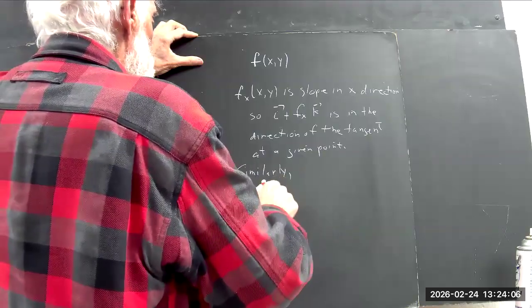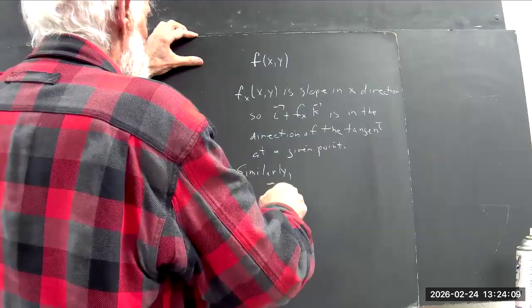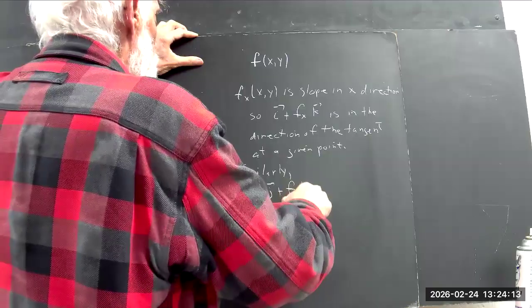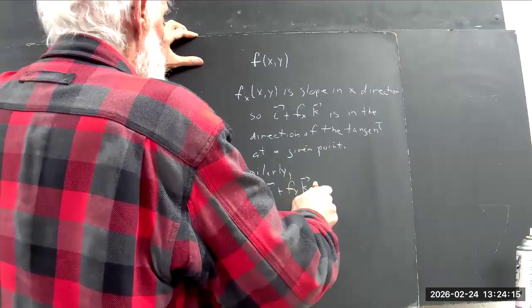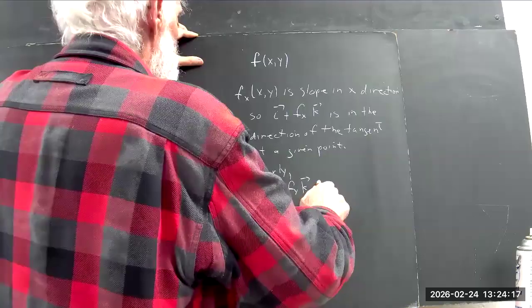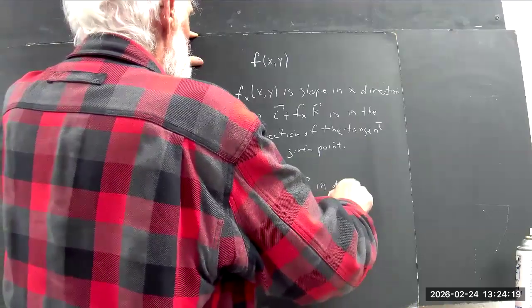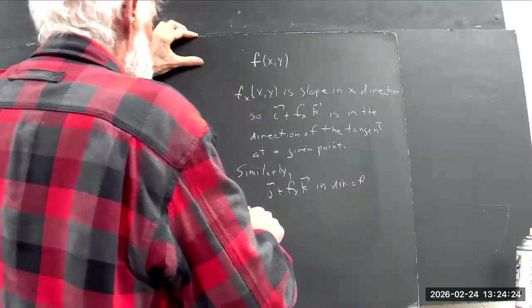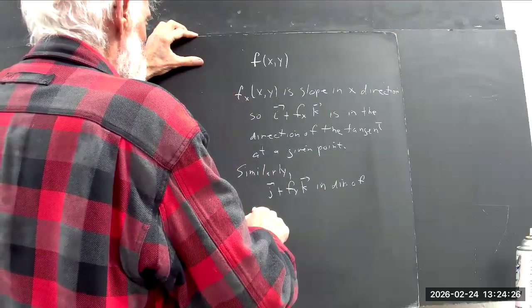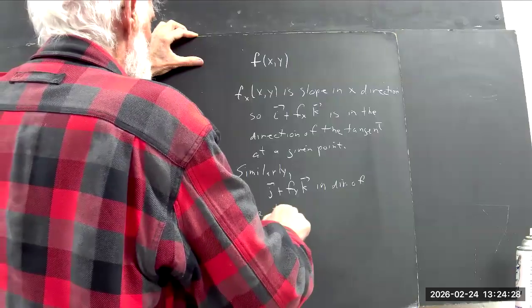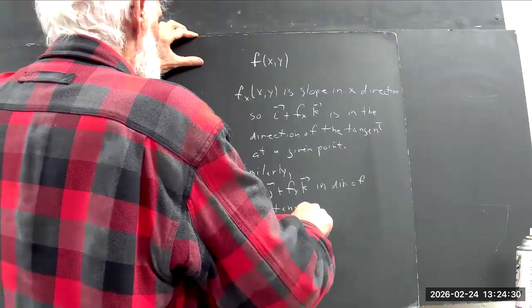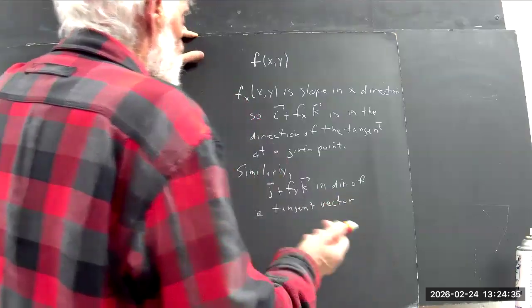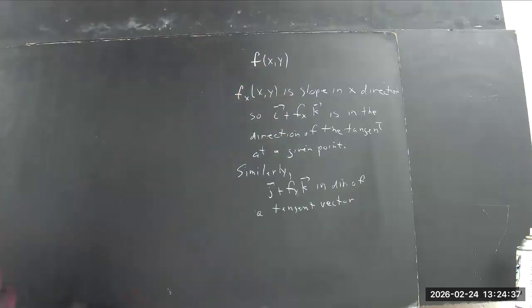Similarly, j plus fy k is in the direction of a tangent vector at the same point and all that.